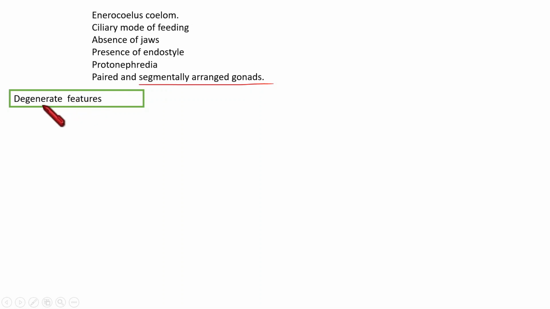Then it possesses certain degenerate features. Degenerate features means what? That means once it is believed that it was an advanced organism like a fish, and owing to its adaptation for a solitary and also sedentary mode of living, it needed to shed off some of the advanced features. It needed to discard some advanced features.